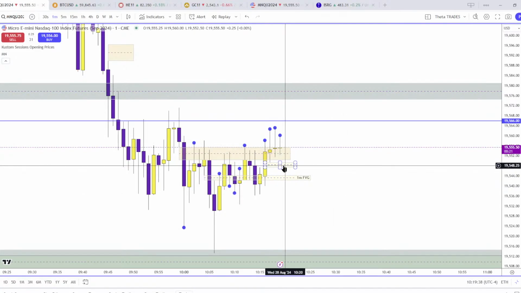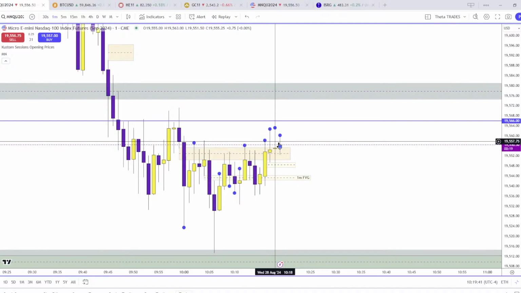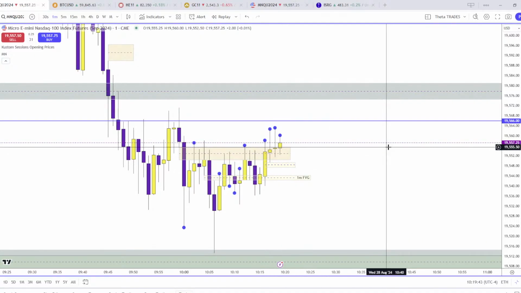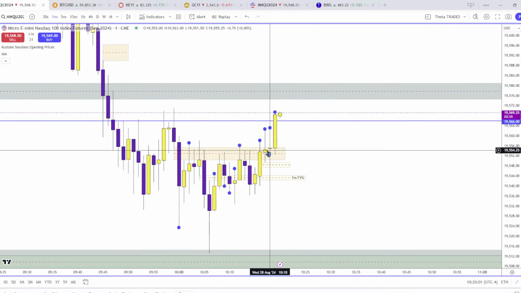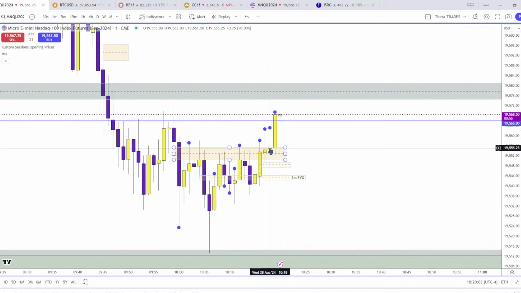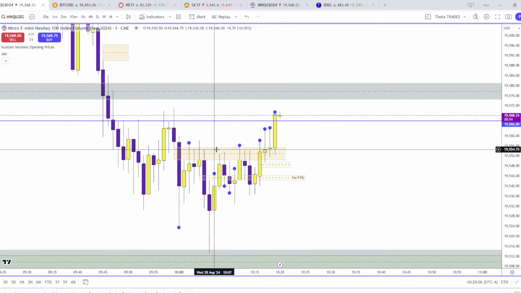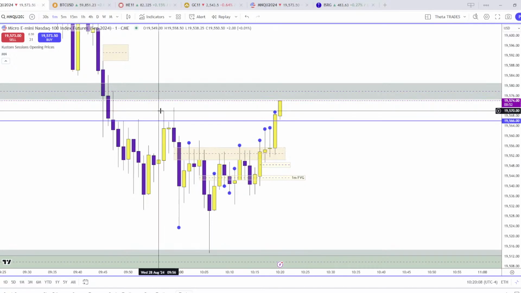So just watch this level here. This is the 19 candle.